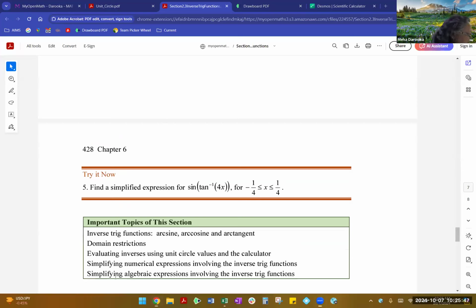So this is sine of tangent inverse of 4x, where your x is between negative 1/4 and positive 1/4, including the endpoints.